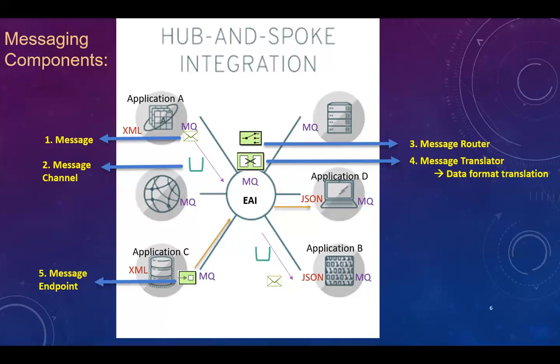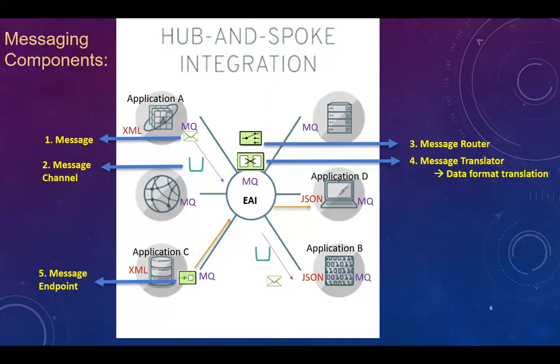But there are scenarios where creating those endpoints requires coding. The messaging system provides a set of APIs, or a set of interfaces, and you can use them to create your own in scenarios which are very complex, or which are not available out of the box.